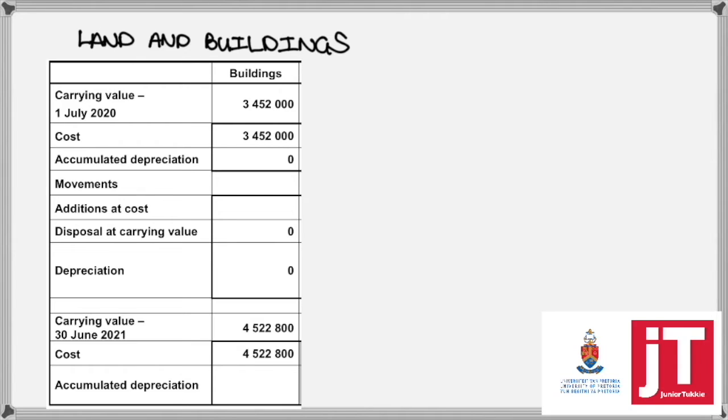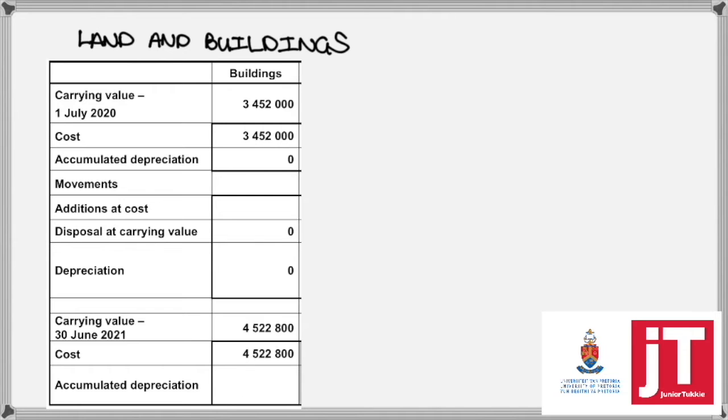Please remember, land and buildings are always shown at the historical cost. Historical cost is a GAAP principle that we use. And why is it at the historical cost? What is the historical cost? It is always at the original price.